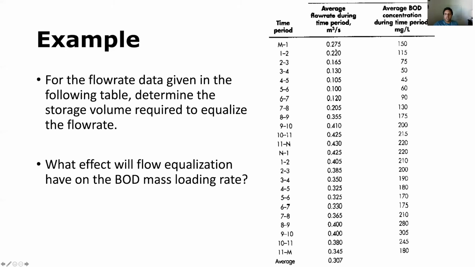So you can see that not only does the flow rate fluctuate, but also BOD concentrations coming into the system will fluctuate. And you tend to have higher BOD concentrations when you have higher flow rates. So that just makes the equalization even more impactful in terms of stabilizing the mass loading of constituents.